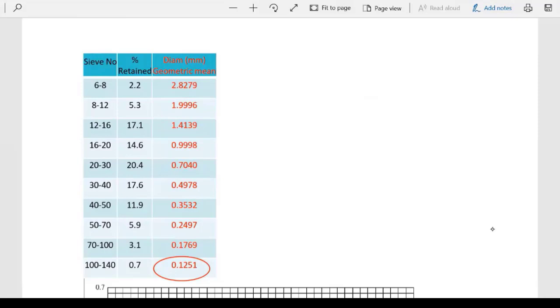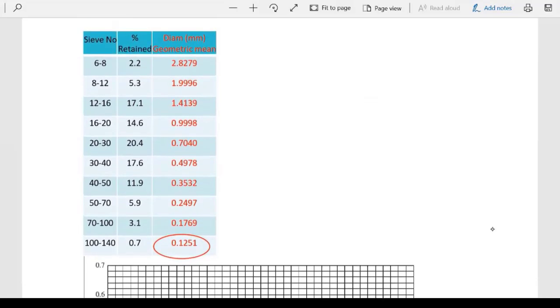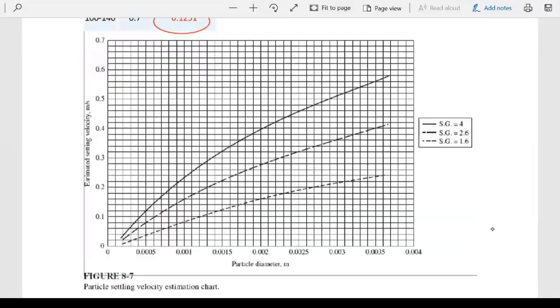We again have the same set of data. So we have our grain size distribution, and we have the geometric means that we calculated previously. Figure 8-7 in your textbook is a graph that allows you to estimate a particle settling velocity dependent on particle diameter and specific gravity.